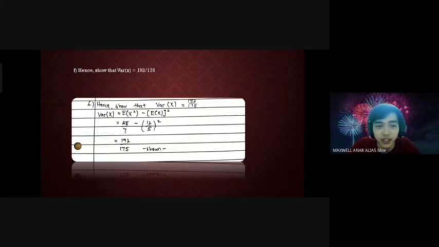When it says hence show that, it means we have to take our answer from the previous question, which is E. So using the formula, the variance is equal to E(X squared) minus the square of the expected value. From the previous question, we get 48 over 7 minus (12 over 5) squared, and then we get the answer, which is 192 over 175.